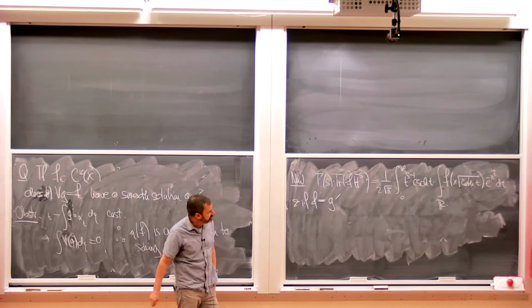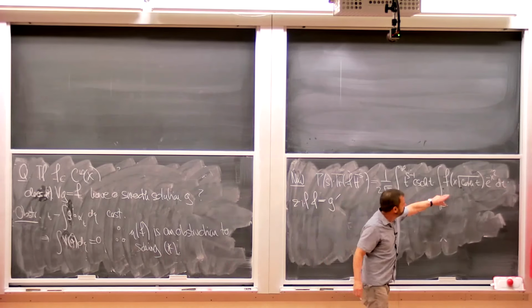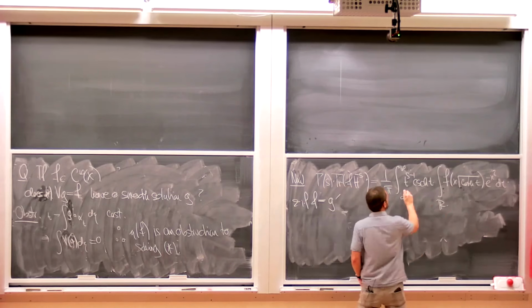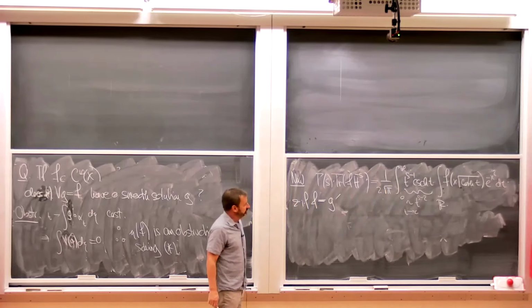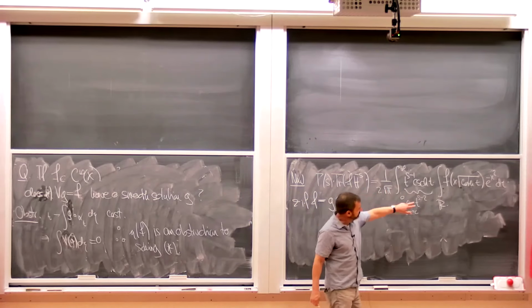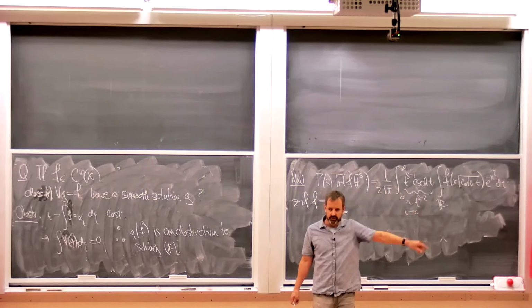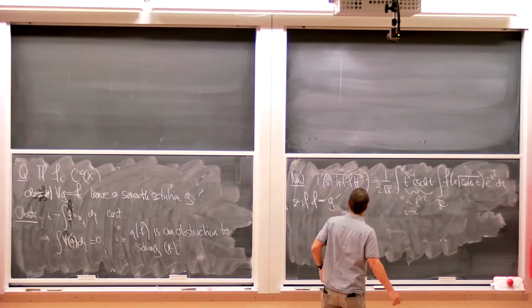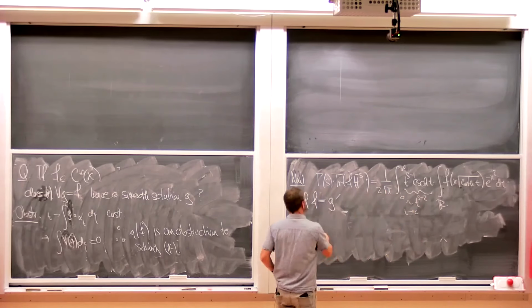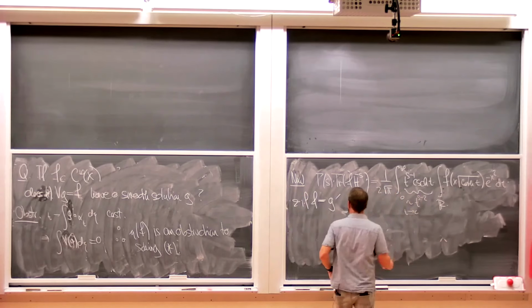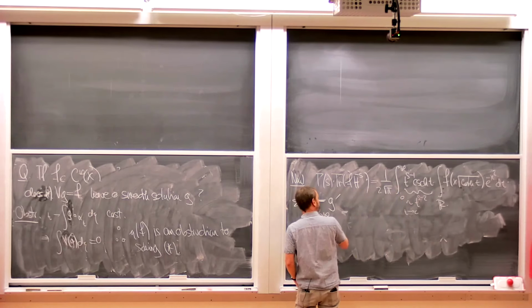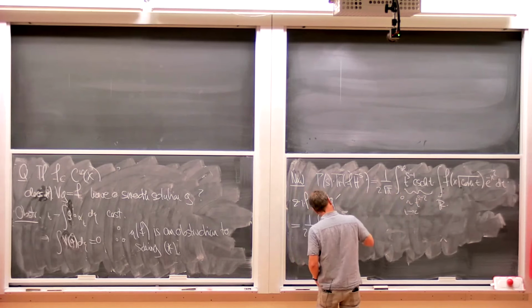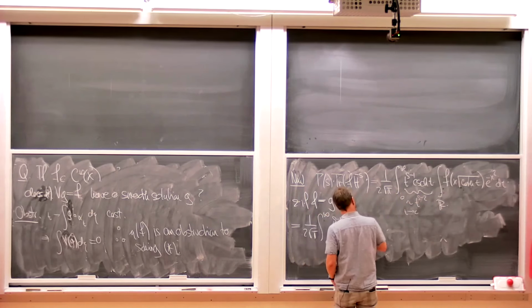is a bounded antiderivative, then you can use an integration by parts argument here. So this thing here is roughly t to the s minus 2 as t goes to 0. So this is analytic for real part of s minus 1 bigger than 0, so real part of s bigger than 1. But if f is equal to g prime, then you can use integration by parts, and by an easy calculation this is equal to this.